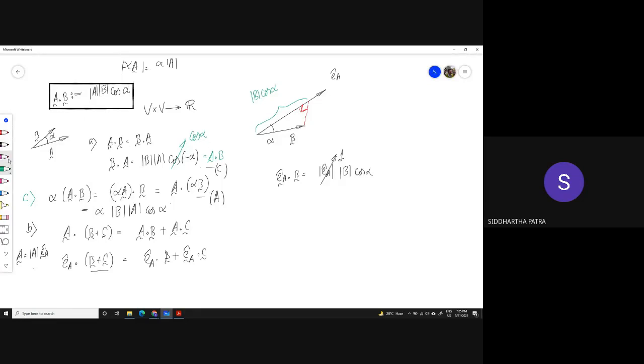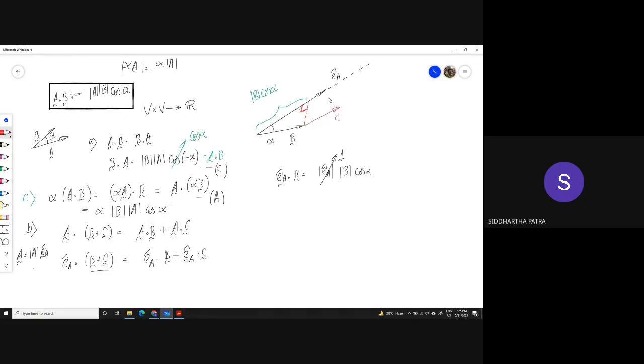Now let us take the second vector, and this is C. Again, let me extend the unit vector EA, I mean the direction. Although it might look like C and EA are parallel, they are not.